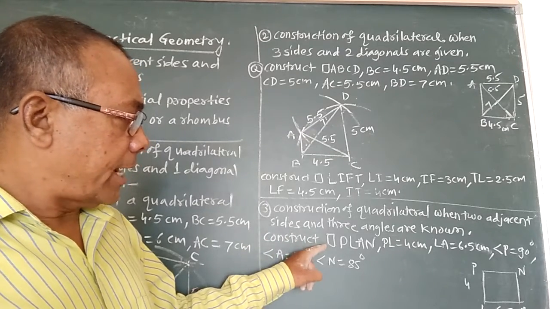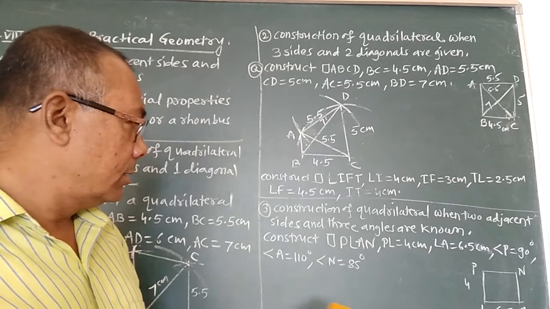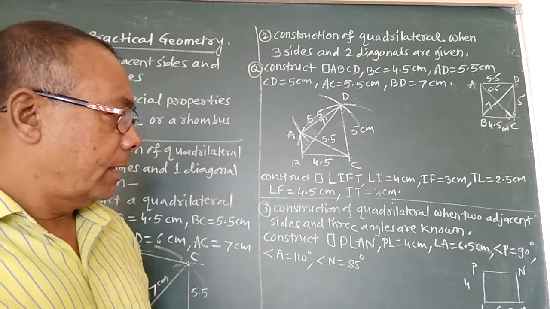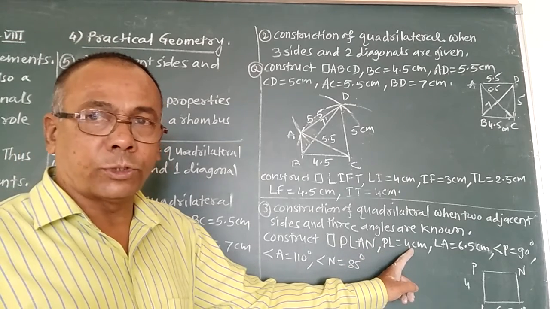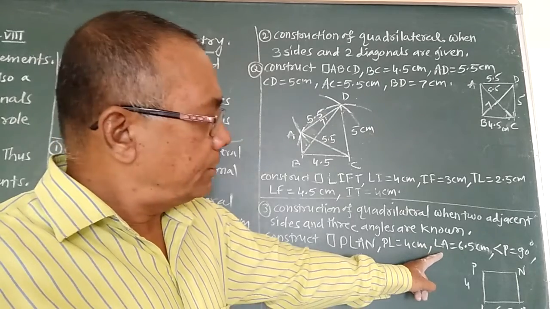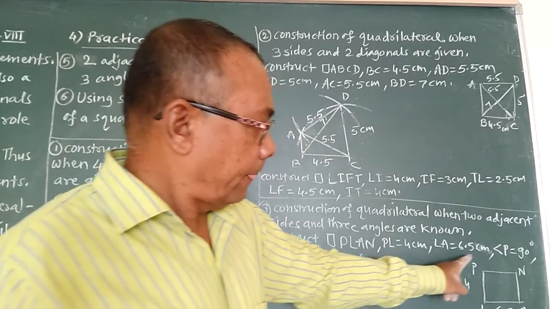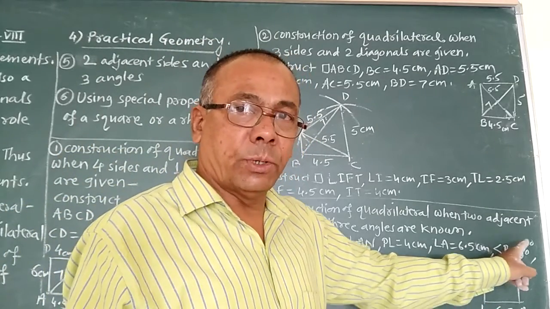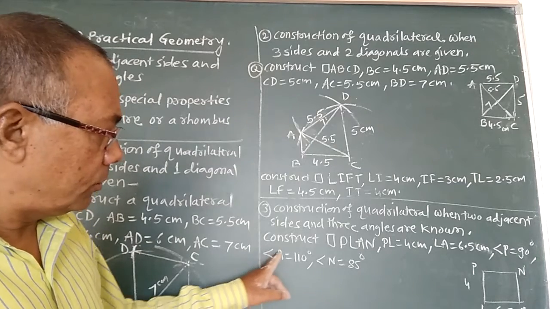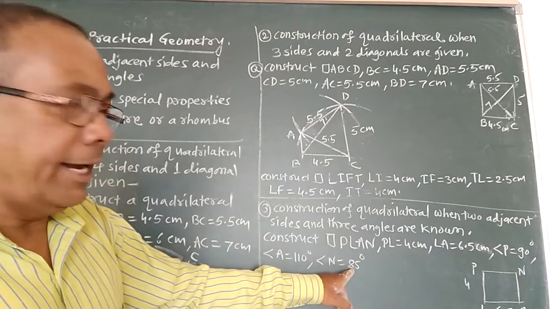Construct quadrilateral PLAN where PL is equal to 4 centimeter, LA is equal to 6.5 centimeter, angle P is equal to 90 degree, angle A is equal to 110 degree, and angle N is equal to 85 degree.